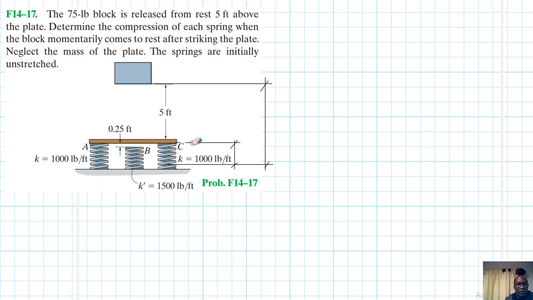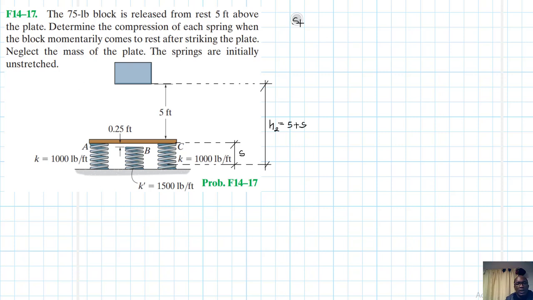Let's call this S, and then let's call this h2, which is equal to 5 plus S. Okay, what else?